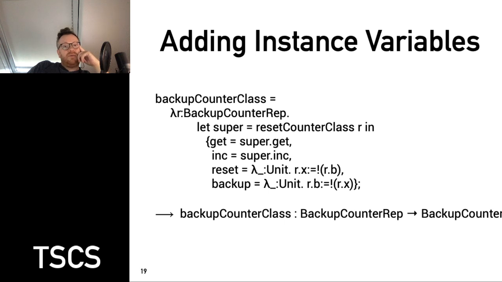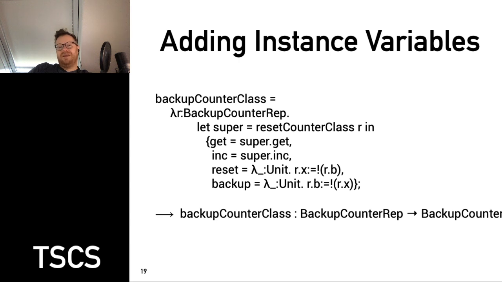Good. How does this then work? Well, you write another class function that takes now a backup counter rep and then constructs reset counter class with that backup counter rep. And this is an interesting thing. As we use records all of the time, at this point, when invoking reset counter class, we also look at the subtyping rules for records again.